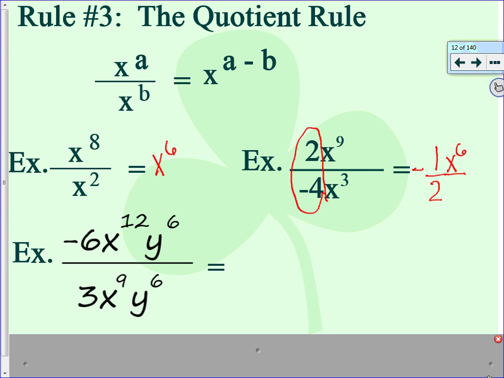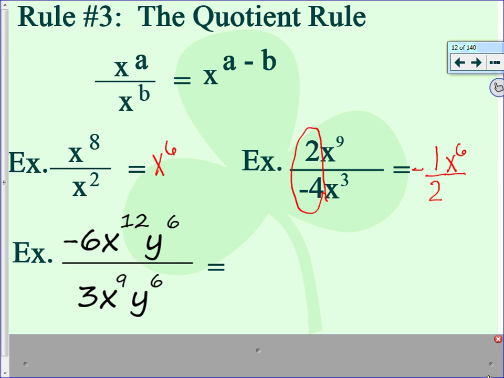So this can reduce as any fraction. And when you're dividing a positive by a negative, you can put that negative on the top, on the bottom, or on the outside. All of those just mean the fraction is negative. I just don't like it on the bottom, it looks weird. And then Ava subtracted these and got x to the 6.